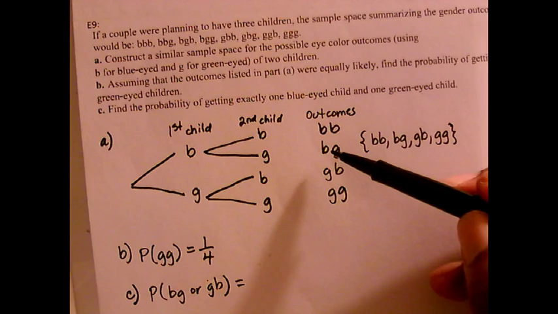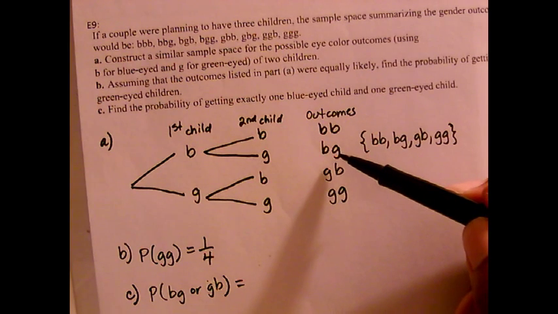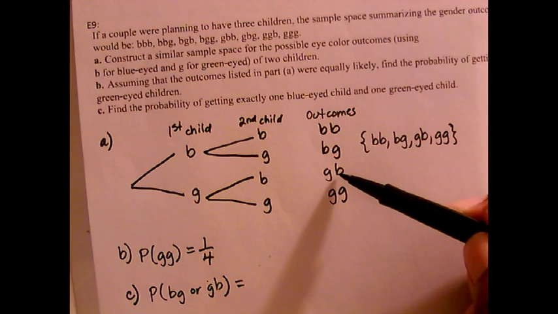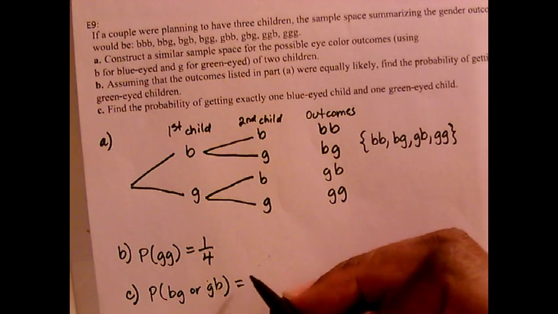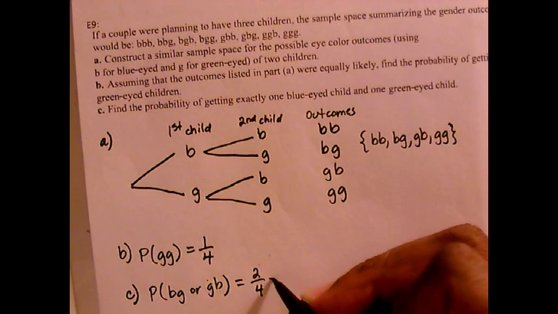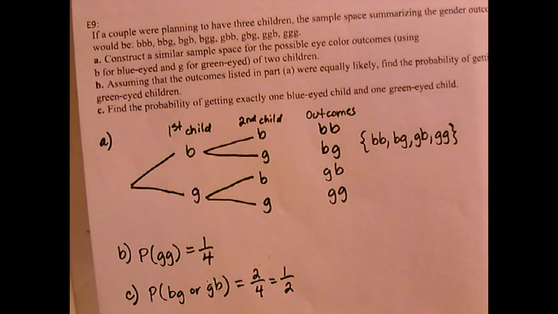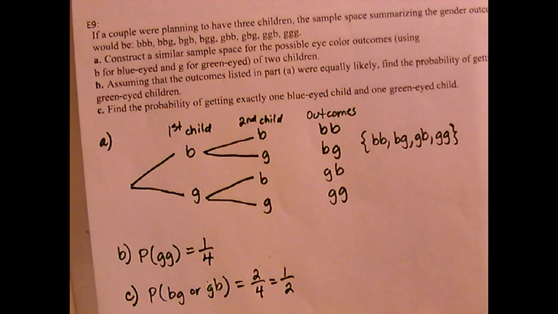Okay, so here this is a possibility of getting 1 green-eyed child and 1 blue-eyed, and there's another possibility of a blue-eyed and a green-eyed child. So there are 2 ways out of 4. So that's 2 over 4. We can reduce that to 1/2. So the probability of getting exactly 1 blue-eyed child and 1 green-eyed child will be 1/2.